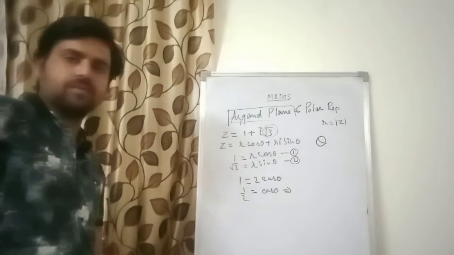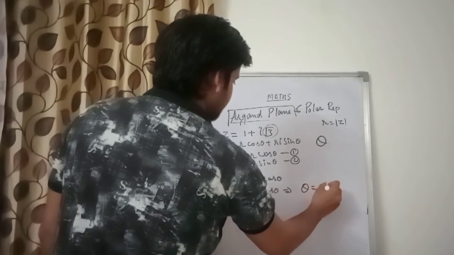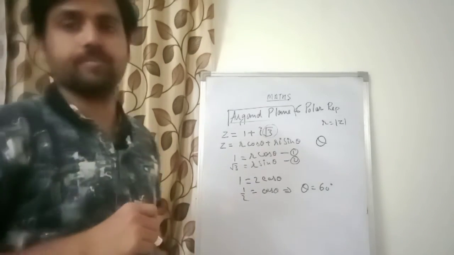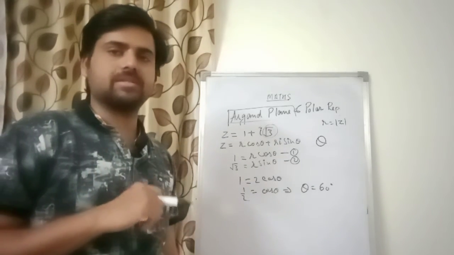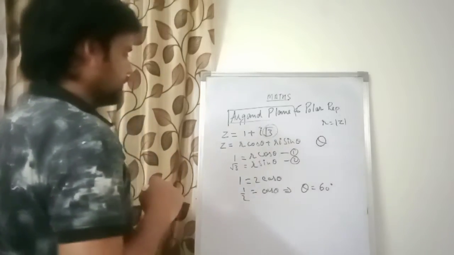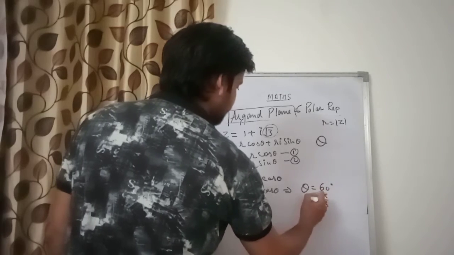In class 10th you have done these values. So here we can say theta is 60 degrees, but when you represent in polar form, you have to represent this theta in radians. So 60 degrees is pi by 3.